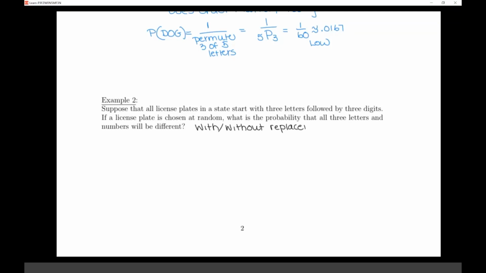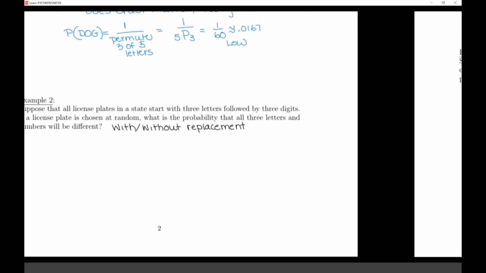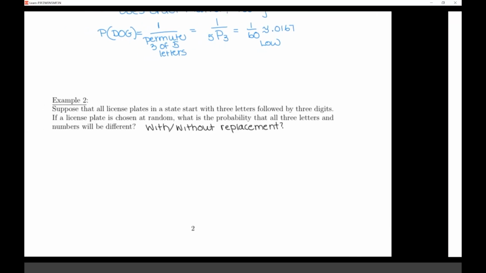So what I'm asking you is, on a license plate, can the letters and the numbers repeat? Yes. Okay, so this is with replacement.